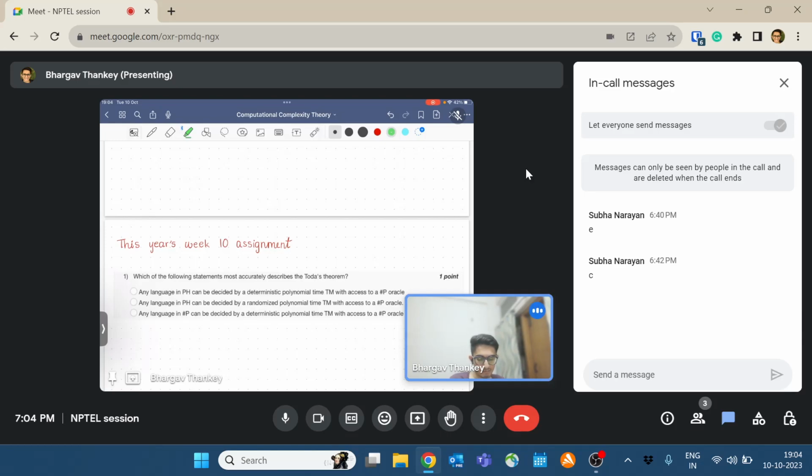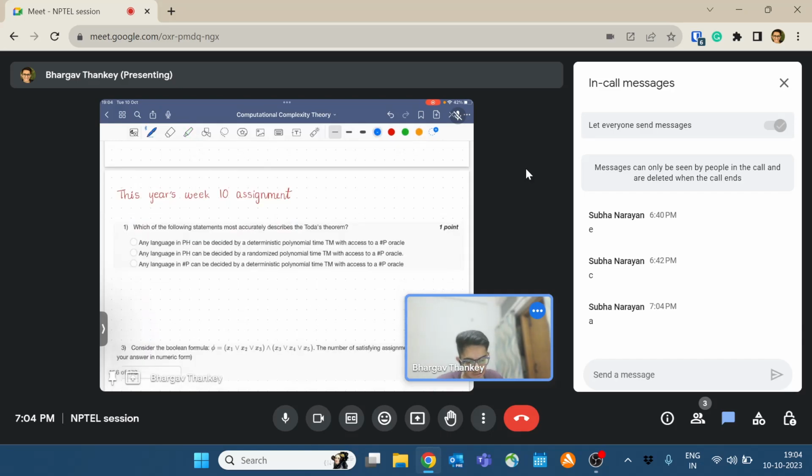Any language in #P can be decided by a deterministic polynomial time Turing machine with oracle access to #P. Which of these is correct? A is correct.